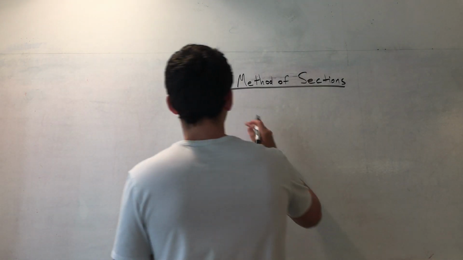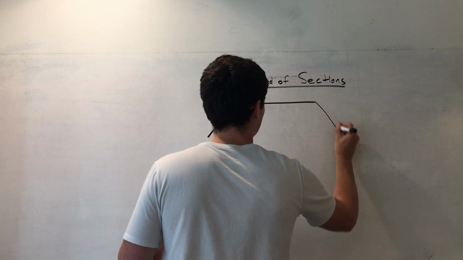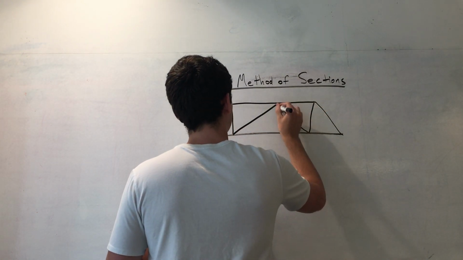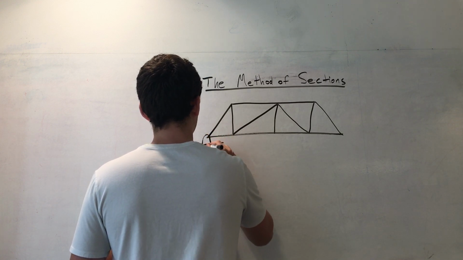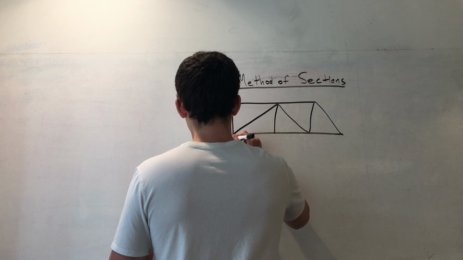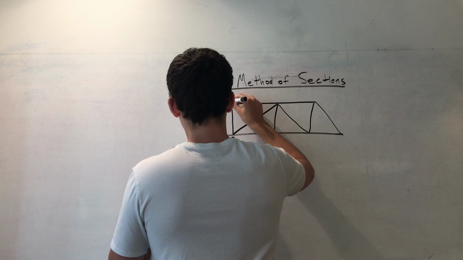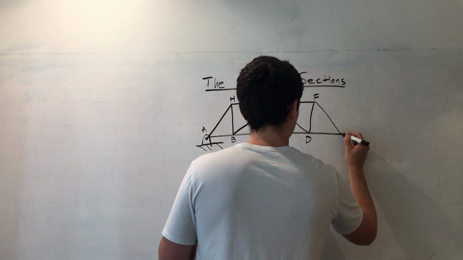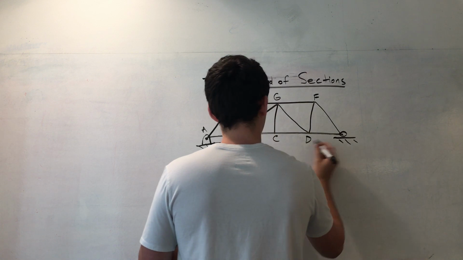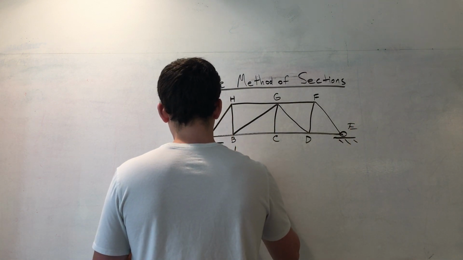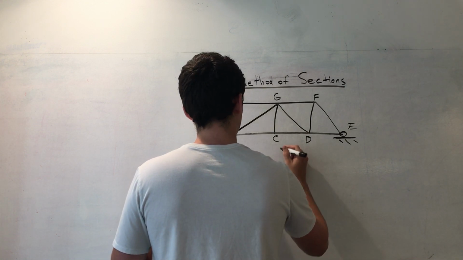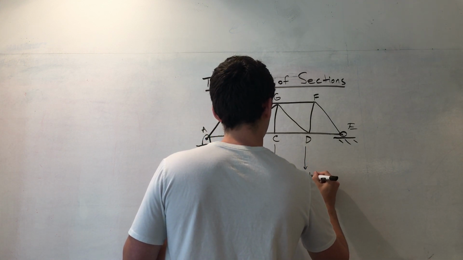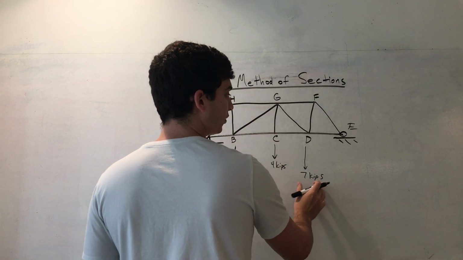Alright, the first thing we're going to start off is doing an example problem. And if you do not know, kips are 1,000 pounds.